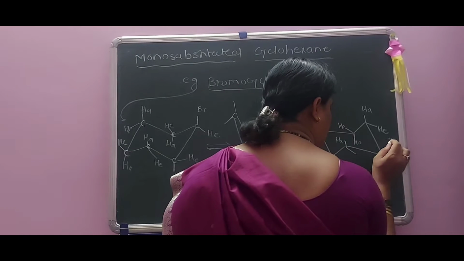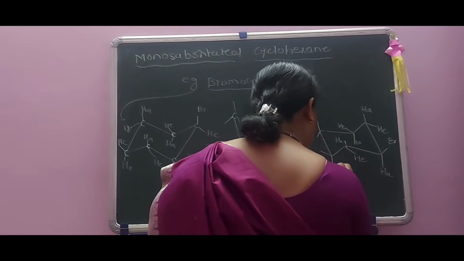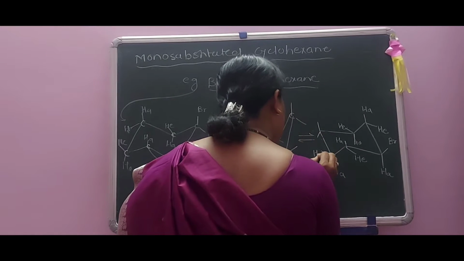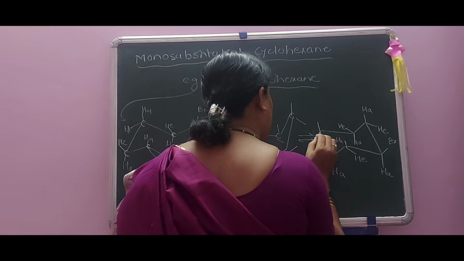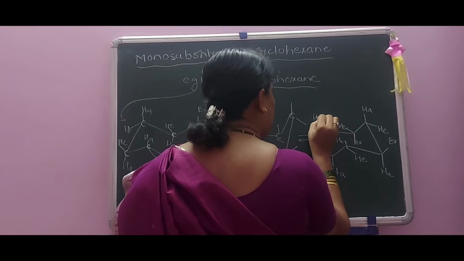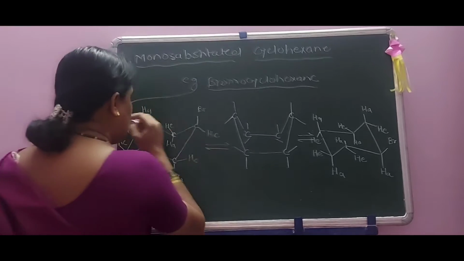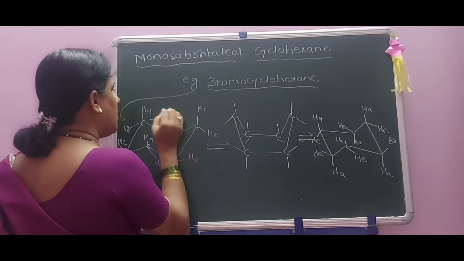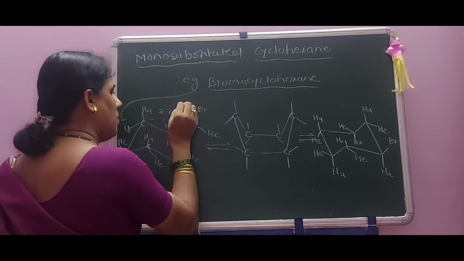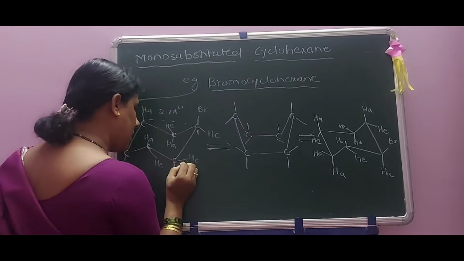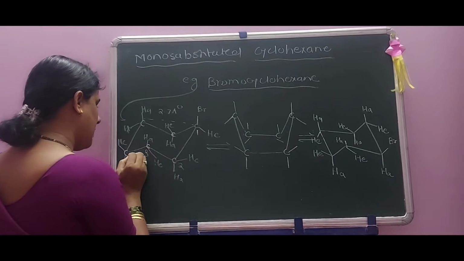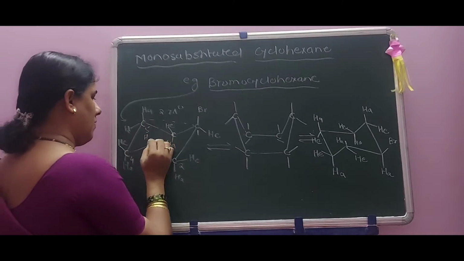Here on the equatorial position He, Ha, He, here He, here He. Here the distance between the third carbon's hydrogen and this bromine atom is equal to 2.7 angstrom. This is the first, this is the second, third, here fourth, and here 5.